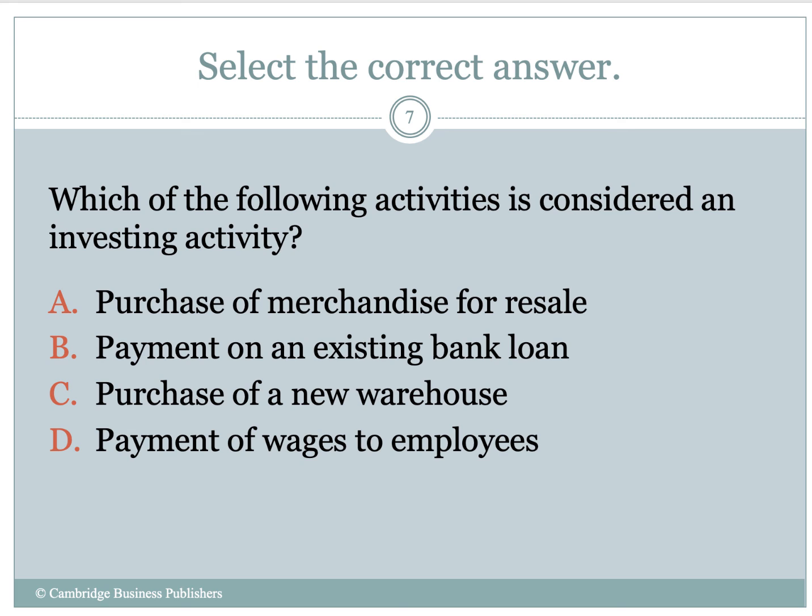So purchase of merchandise for resale, that's not an investing activity, that's an operating activity, because our operation is that we buy merchandise and resell it. Payment on an existing bank loan, well, that's probably going to be an operating activity. Purchase of a new warehouse, well, that's PP&E. Payment of wages to employees, that's going to be another operating activity. So our answer here should be C.